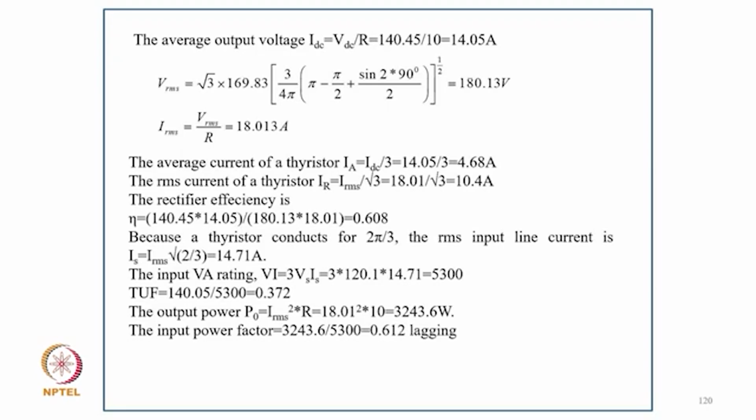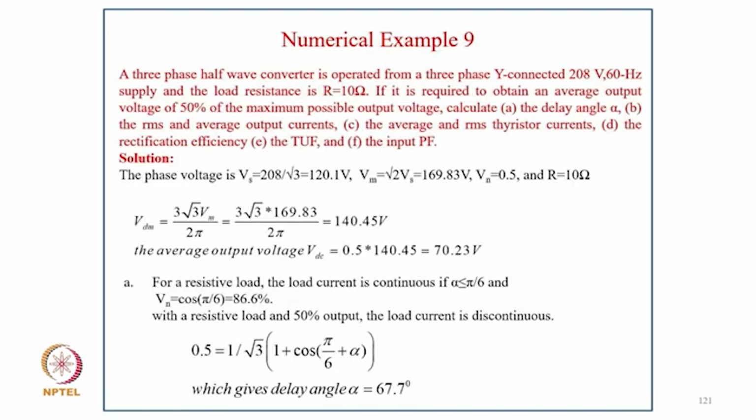And because of thyristor current 2 by 3, the RMS current is Is equal to IRMS times root 2 by 3, that is 14.71, and the input VA rating VA equal to 3 Vs Is, that becomes 5.3 kVA, and transformer utilization becomes power upon VA, that is 0.73, and output power P equal to IRMS squared R, so it becomes 3243.6 watt, and input power factor is power upon VA, that is 0.612 lag.